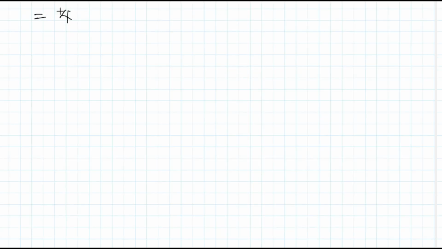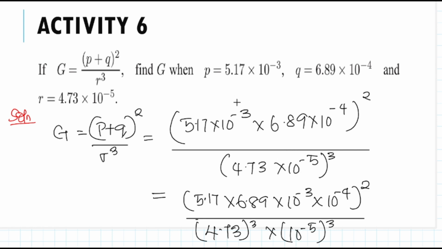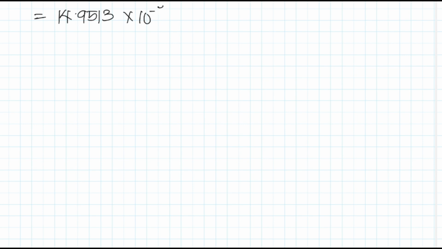So we have 14.9513 times, then we use the law of indices to add the powers here. Minus 3 plus minus 4 will be minus 7. 10 raised to power minus 7 all raised to power 2, all over.